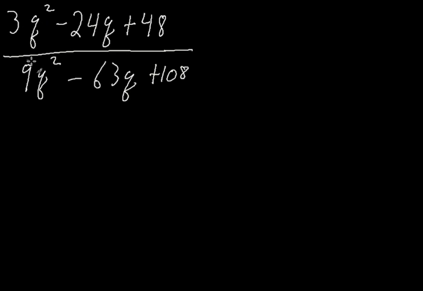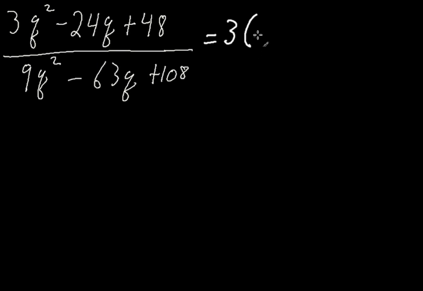Looking forward, we have 3q squared minus 24q plus 48, and we have 9q squared minus 63q plus 108. So are we able to factor out a 3 out of all of these terms? I believe we can. Yeah, so I'm going to do that and see what happens.